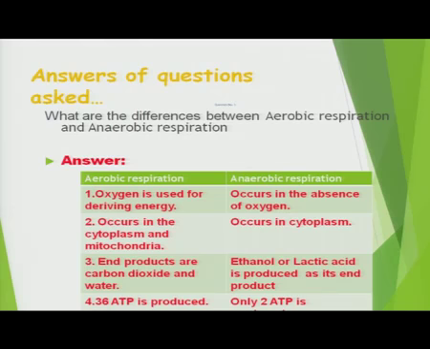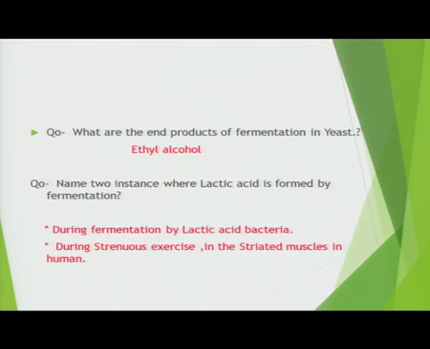Aerobic involves the cytoplasm and mitochondria, while only the cytoplasm takes part in anaerobic respiration. The end product of aerobic respiration is carbon dioxide, while here the end products are lactic acid and ethanol. 36 ATP is produced in aerobic, and 2 ATP in anaerobic.